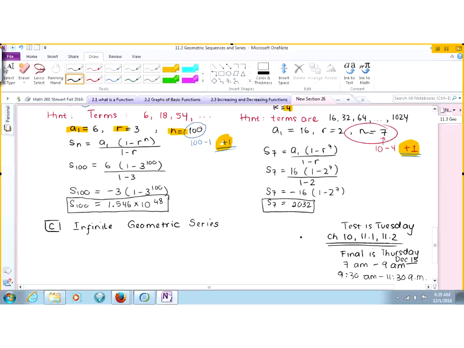Now, infinite geometric series. So let's just say the series goes on forever, and it converges, so we have S infinity. This is equal to A1 divided by 1 minus R. Yes? But this only exists when R is in between -1 and 1.